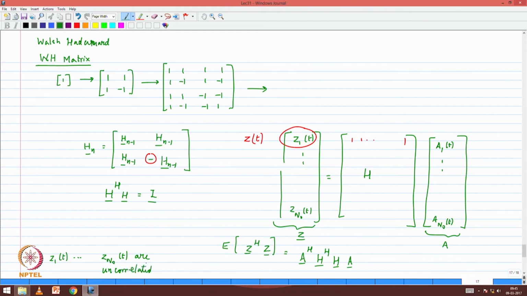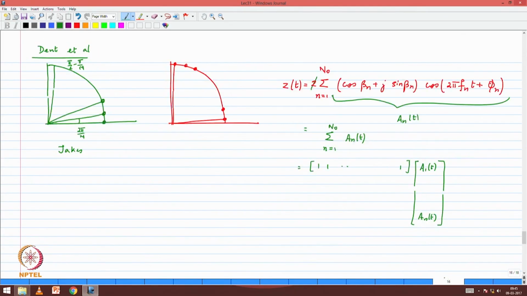Okay. Now, the beauty of it is this is exactly what we will want to assume when it comes to diversity. And that is why this modified model is a useful model which is proposed by Dent et al. And since you are all PG students, I would like you to get the feel for, this is how research progresses.